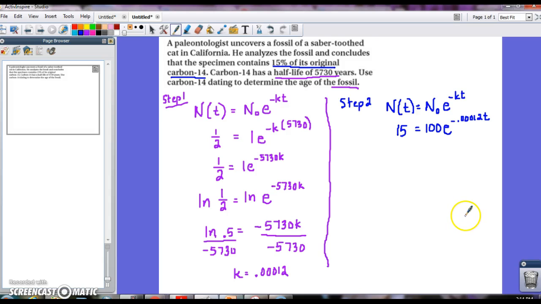Again, my unknown value is in my exponent, so I need to take the log of both sides. Because my base is e, I'm going to use ln.